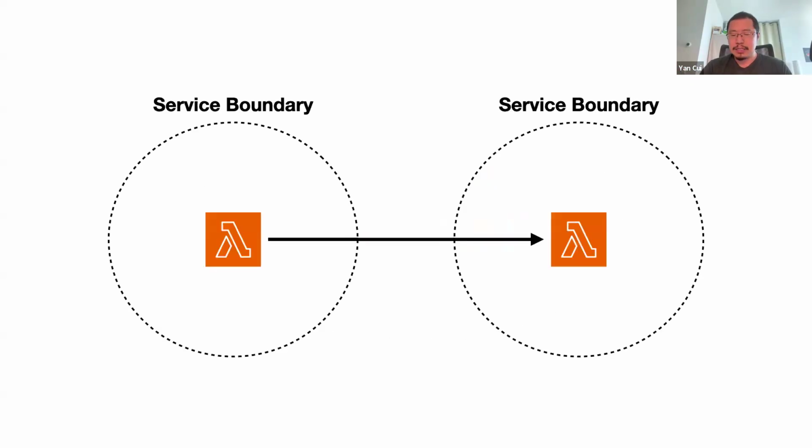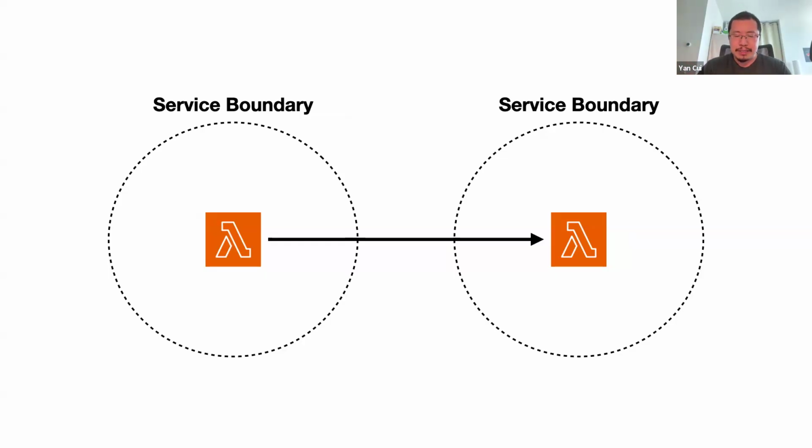But I also see this sometimes, that Lambda-to-Lambda calls happen because people are exposing capabilities. You're building microservices or some kind of different services, and you're exposing capabilities to other teams and other services by saying, hey, here's a Lambda function you can call to get inventory information, get information about a customer, and so on and so forth.